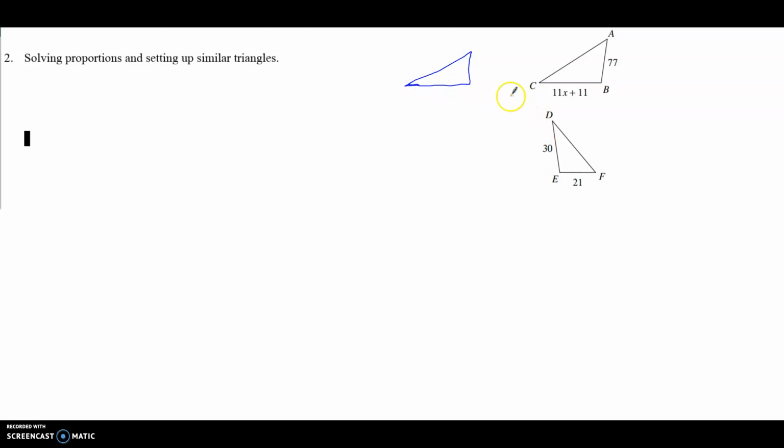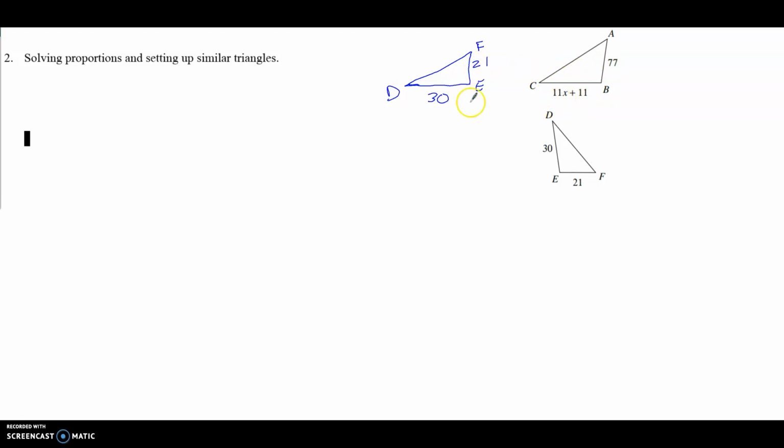So here this is going to be E, F, and then D. Here, 21 is going to be the side length of FE, and then DE is going to be 30. So here I would just simply match up the corresponding sides to solve for X.